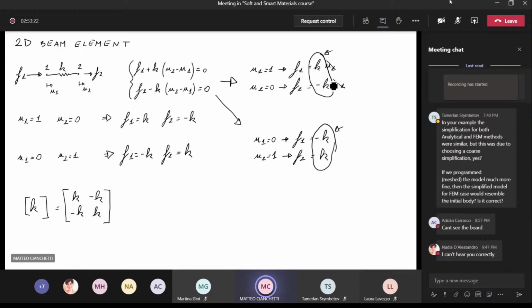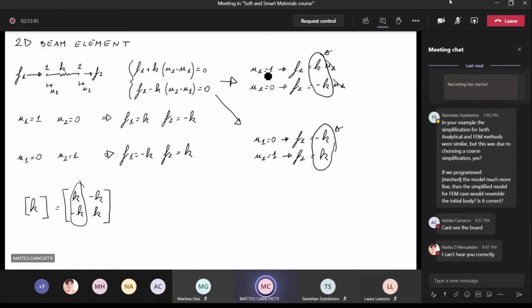I will repeat. A column of K is the vector of loads at nodes to give the corresponding degree of freedom unit value.